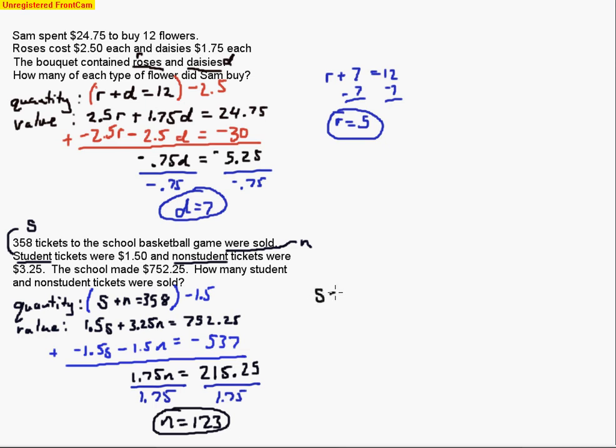S plus 123 equals 358. If we just subtract 123 from both sides, we'll have our answer. S equals 235. So 235 was the number of students, 123 was the number of non-students.